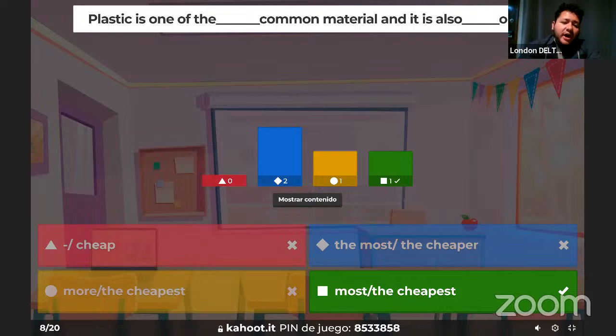Ok. Aquí lo que yo puedo hacer, porque esta oración está un poco, yo digo que no muy bien escrita, but you could say plastic is not only the most common material, but also the cheapest one. El plástico no es solo el material más común, sino también, but also the cheapest one.